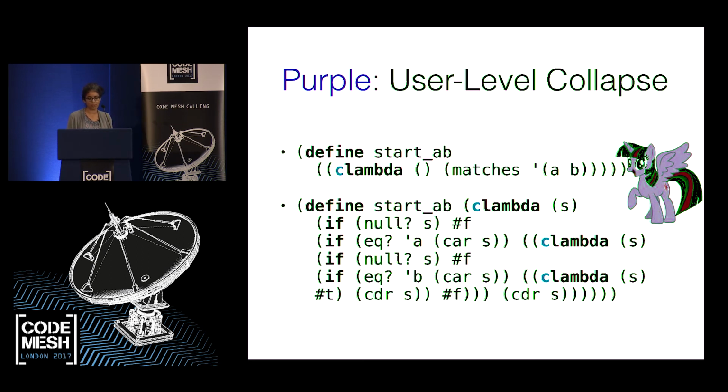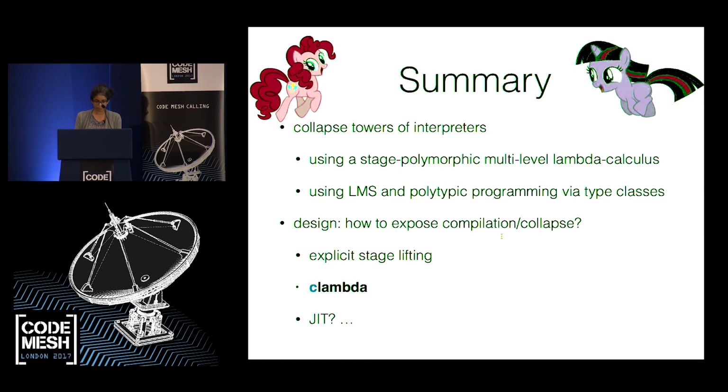Here, for example, if we just want to match whether a string starts with AB, we will generate this code where we're explicitly checking: is it null? Is the first part of the string A? Is the second part of the string B? And so on. So that's an interesting thing that you can get for free as well.